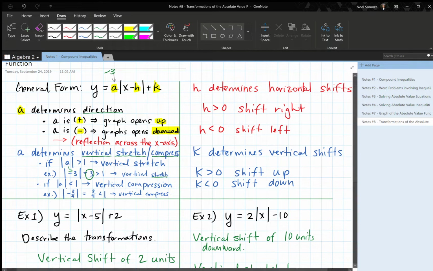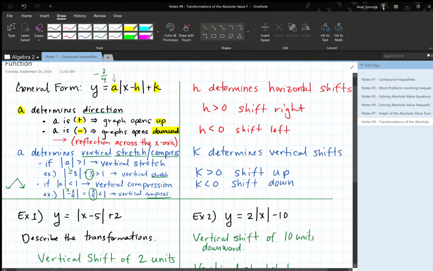If a is something like -3/4, let me change it up here, then we know two different things. The fact that it's negative causes the function to open downwards, so we're going to have a V that points down. But then, because of 3/4, I'm looking at the size of that number right here. Since 3/4 is smaller than 1, it's going to compress.